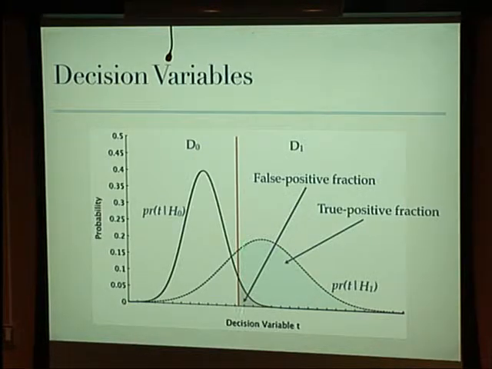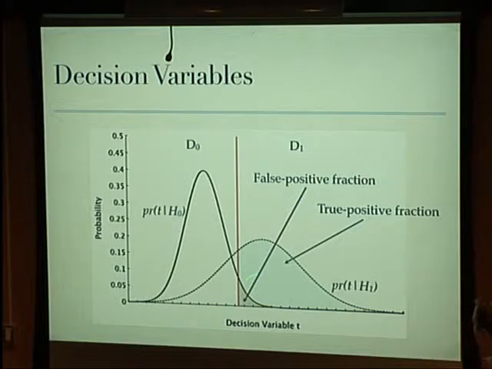The false positive fraction is the area under this negative distribution to the right of that same threshold. These are probabilistic quantities. The true positive fraction tells you the percentage of time that you correctly classify signal present images. The false positive fraction tells you the fraction of times that you misclassify normal images.